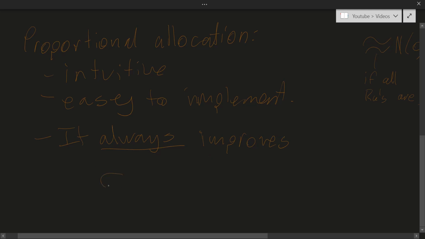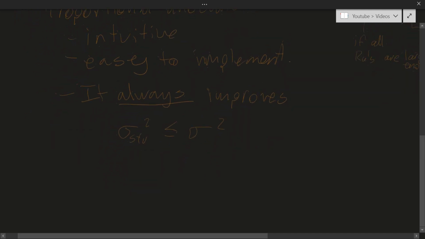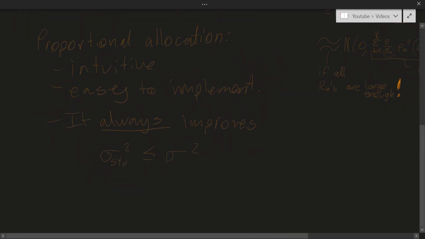It always makes sure that this stratified variance is less than or equal to the original, but it can't make it worse.